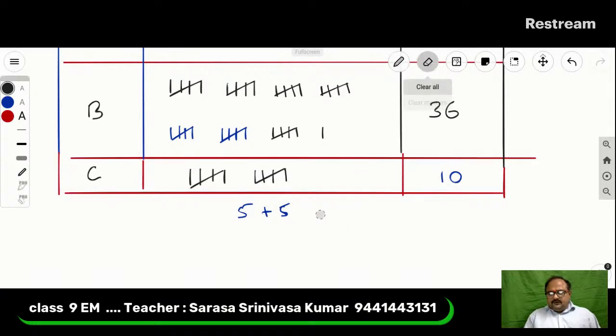So this is how we prepare the frequency distribution table. Now, what is the first question? The first question is how many appropriate answers were received?